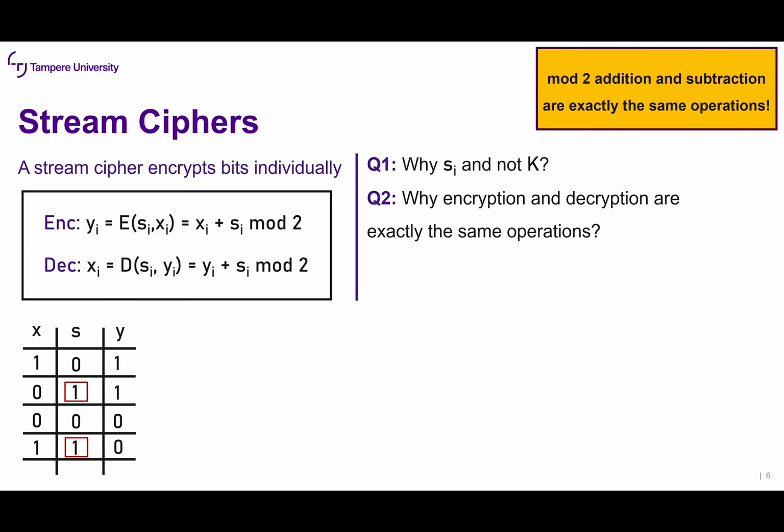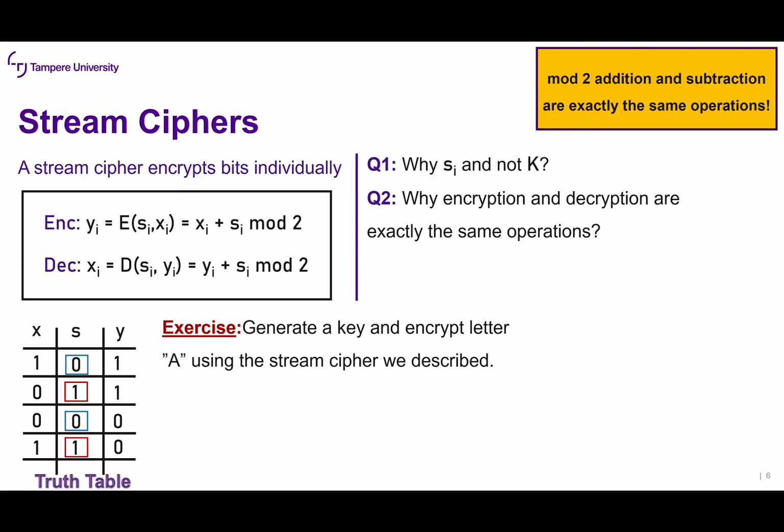So 0 plus 1 mod 2 equals 1, so 0 is flipped, and 1 plus 1 modulo 2 equals 0, which means the bit on X4 is flipped again. On the other hand, if we do the same with 0, then the bit in the first column always remains the same. This table is also known as the truth table.